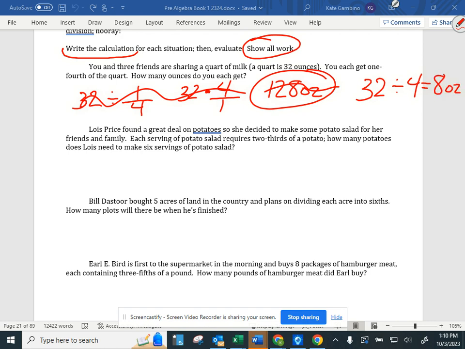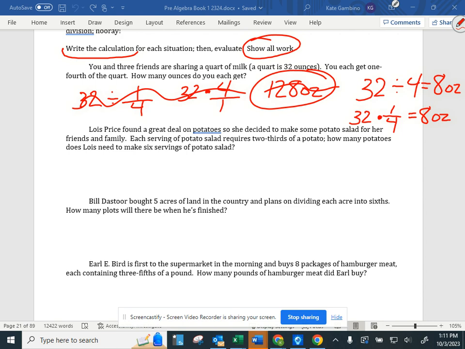If I want to use the 1/4, I need to multiply 32 times 1/4. And that would give me 8 ounces. So you have to be very careful knowing what your calculation is.